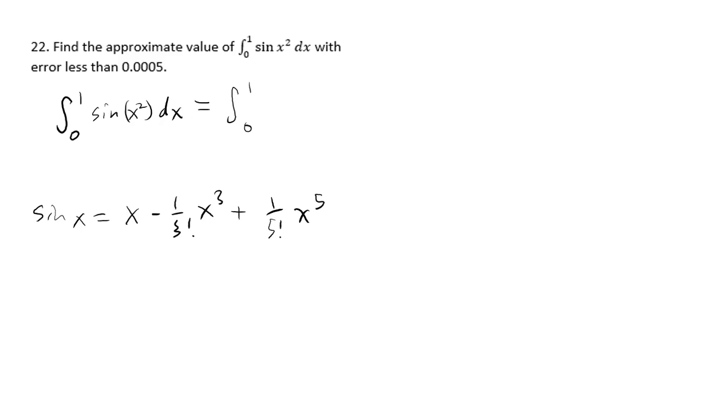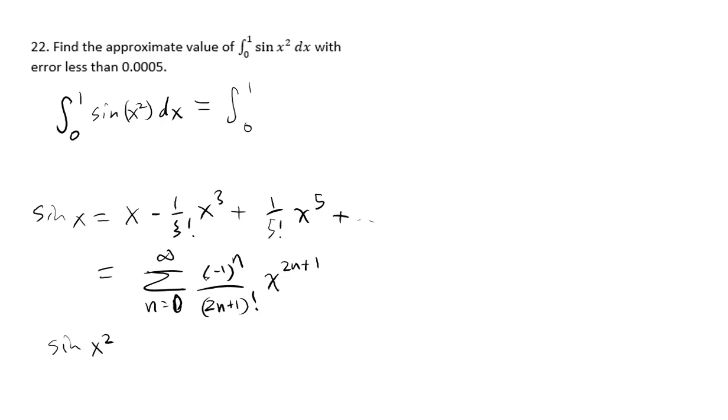I guess it's easier to use the formula. Okay, so this is the Taylor series. A lot of times people write this with a plus and start with 0. Then sine of x squared would be replacing this x by x squared.